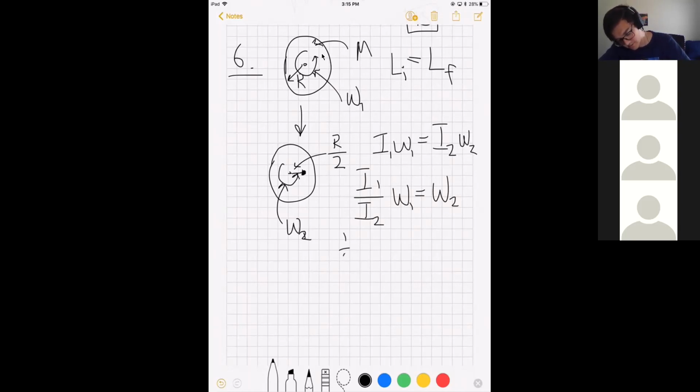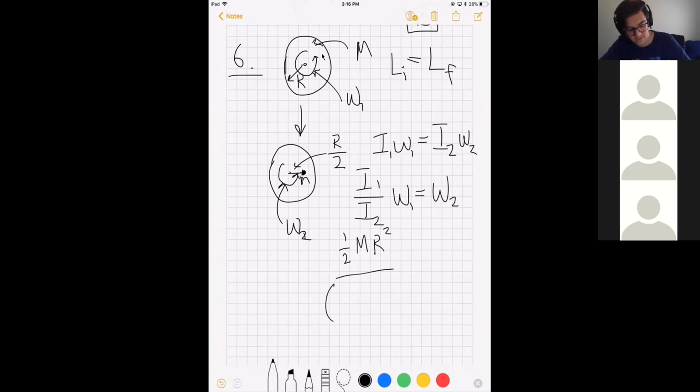But the moment of inertia for that object is 1/2 M R squared. I'm going to use big M because we need to describe a different mass than this little m right here. So that's what I1 is, and then we're going to divide by our new moment of inertia. There's one very important property of moments of inertia, and that's that they add together well. If you stick one object on another object, you have a new object, the assembly of those 2 objects, but the moment of inertia of it is just the moment of inertia of the first object plus the moment of inertia of the second object.